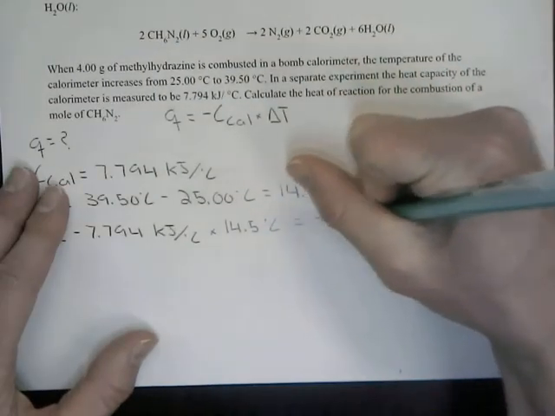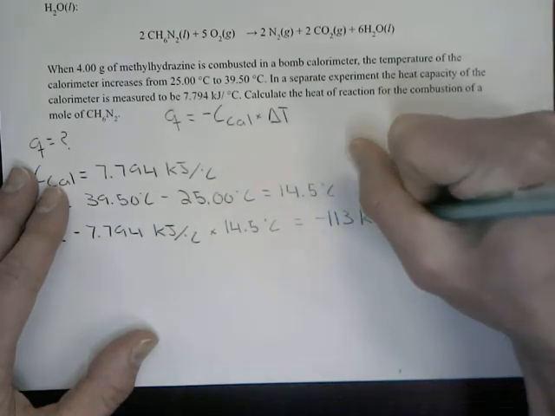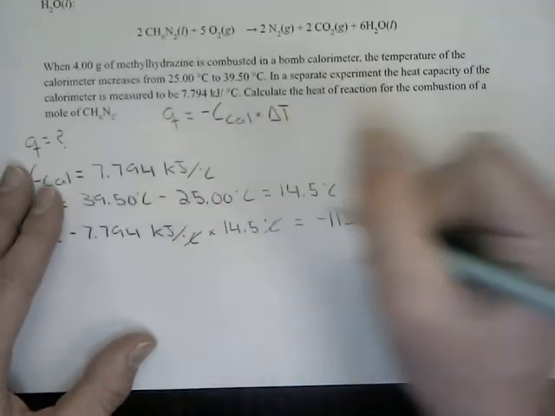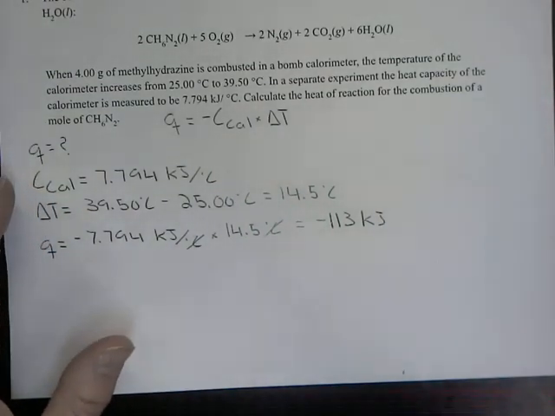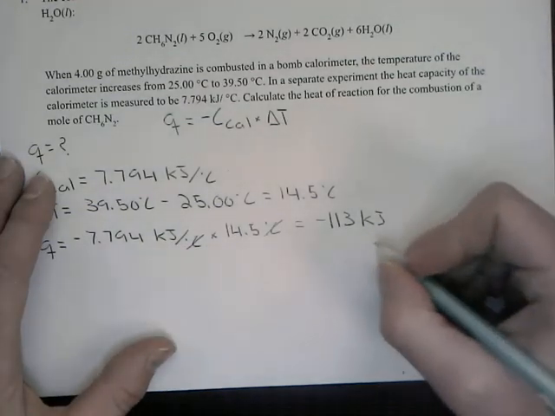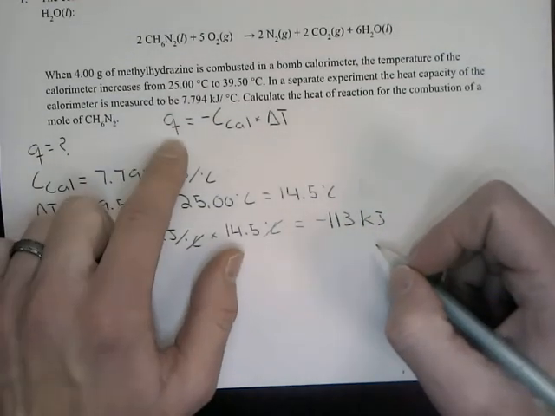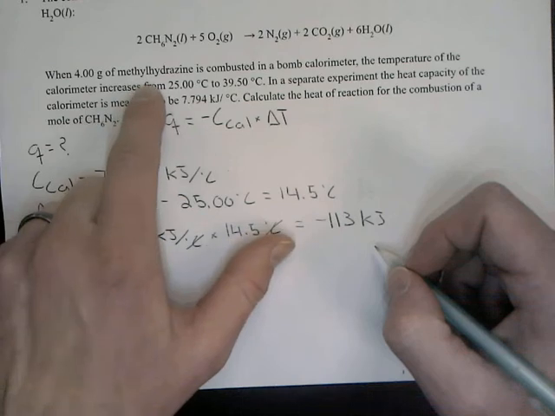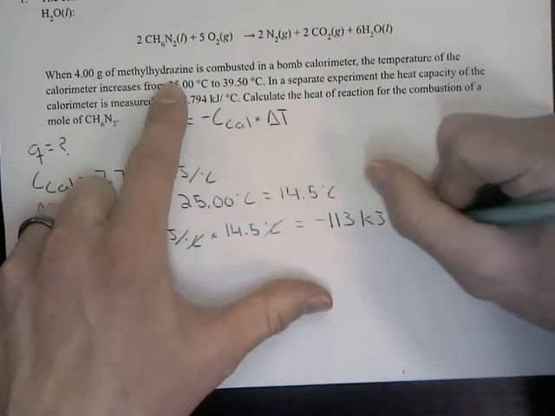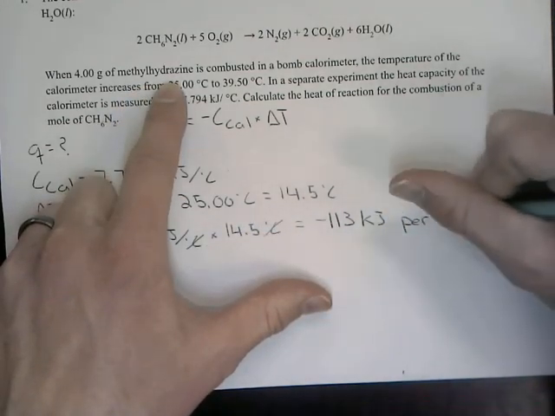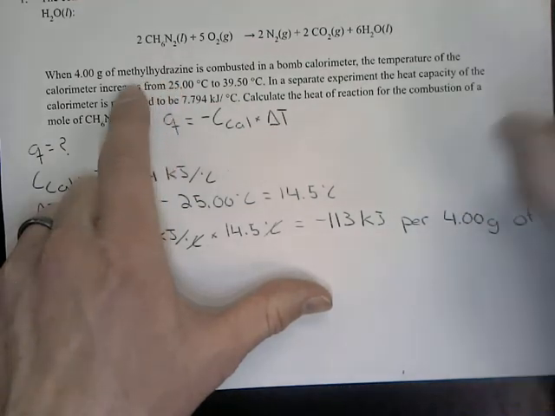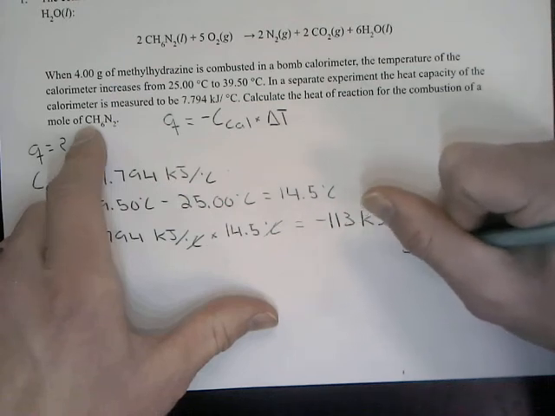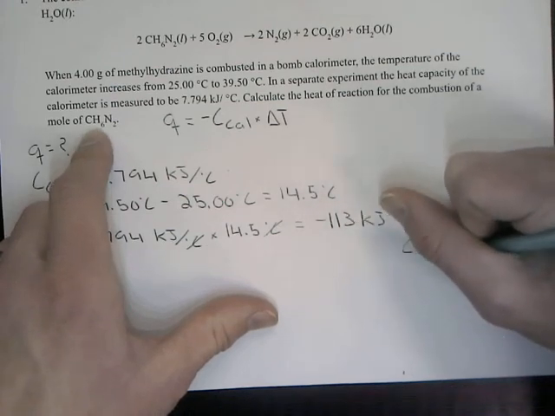The reason we get kilojoules is because our units of degrees Celsius cancel. Now we have one thing we need to think about: this heat given off during this reaction is per 4.00 grams of methyl hydrazine, which has the formula CH6N2.